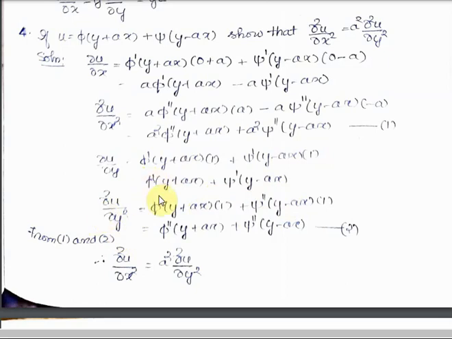Differentiate again. Phi dash is going to be phi double dash of y plus ax. Differentiation of y is 1, this is going to be 0. Plus psi dash becomes psi double dash of y minus ax. Differentiation of y minus ax with respect to y is 1, and these are constant. So this is phi double dash plus psi double dash.